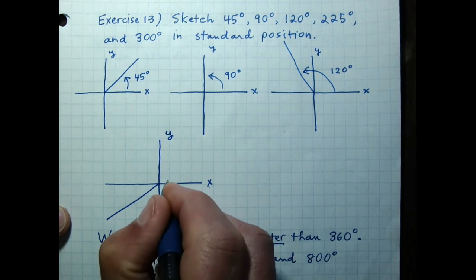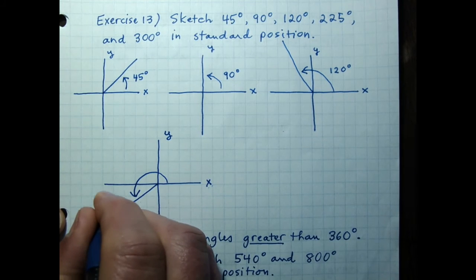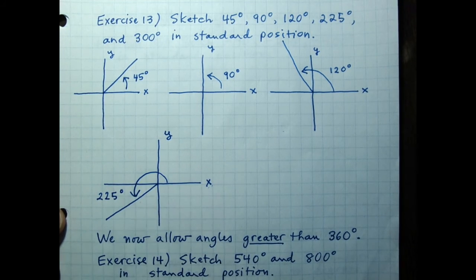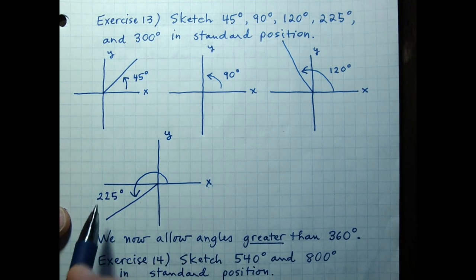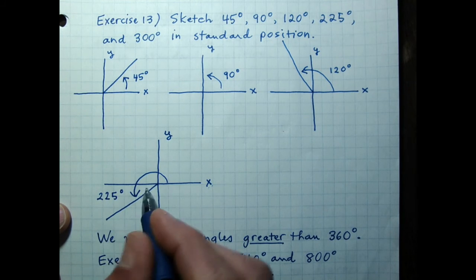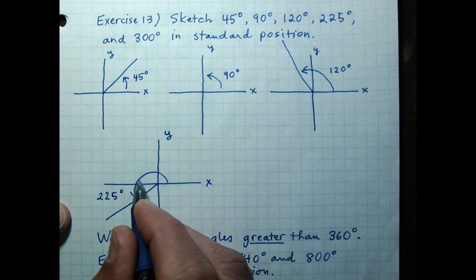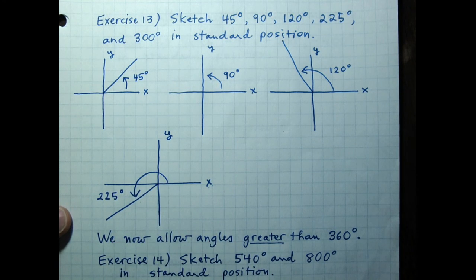So I'm going to draw my terminal side like that. 225 degrees is going to end up looking like so. It doesn't matter so much where you write the number, it's identifying where the terminal side is located. In this case, for 225 degrees, the terminal side is in quadrant 3.